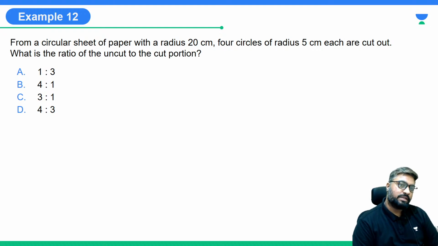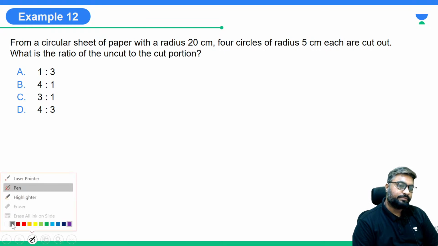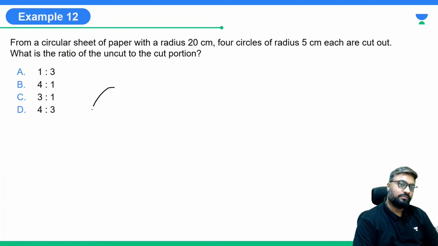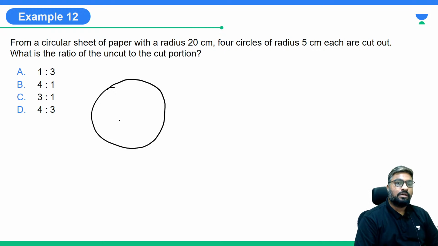So they're saying from a circular sheet of paper with radius 20 centimeters, four circles of radius 5 centimeters each are cut out.